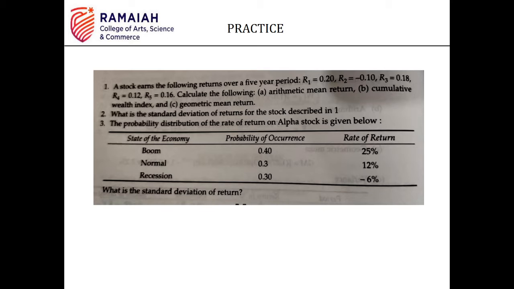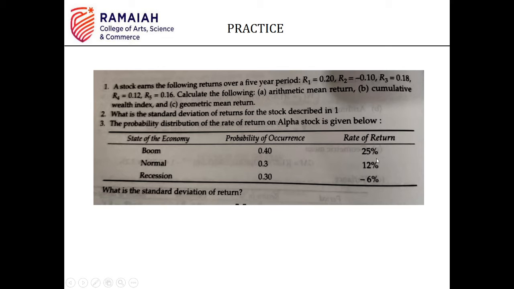I'm not touching much upon the state of economy. Probability of occurrence: suppose today I'm purchasing a portfolio. Next year, will it be a boom, normal, or recession? Based on my previous experiences, I've taken these probabilities. That's how you arrive at probability.